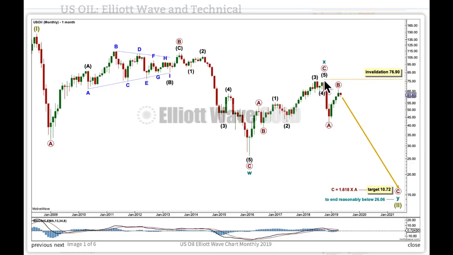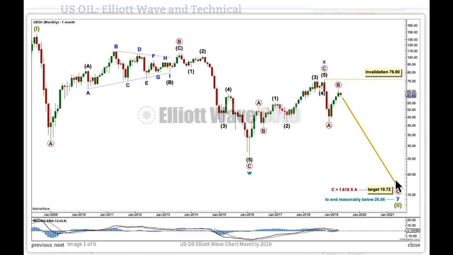If I've got this Elliott Wave count correct, then we should be expecting downward movement, and we can have an idea as to how it's going to subdivide, which tells us how many bounces along the way we should be expecting. This wave count expects cycle wave Y to subdivide as a zigzag 5, 3, 5.